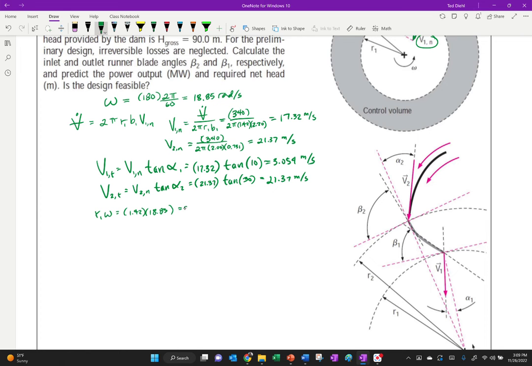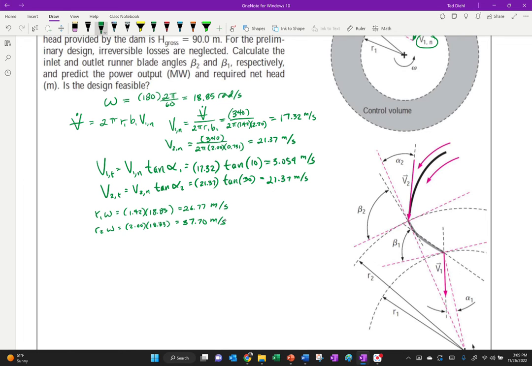And so he's 26.77 meters per second. And then R2 omega is 2 times 18.83. And that becomes 37.70 meters per second.